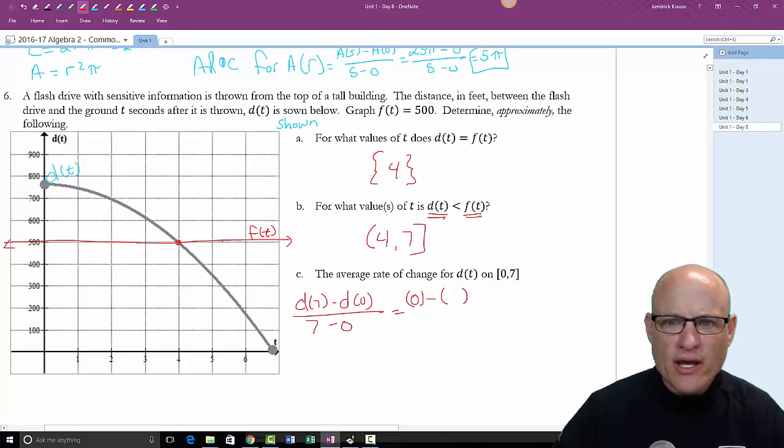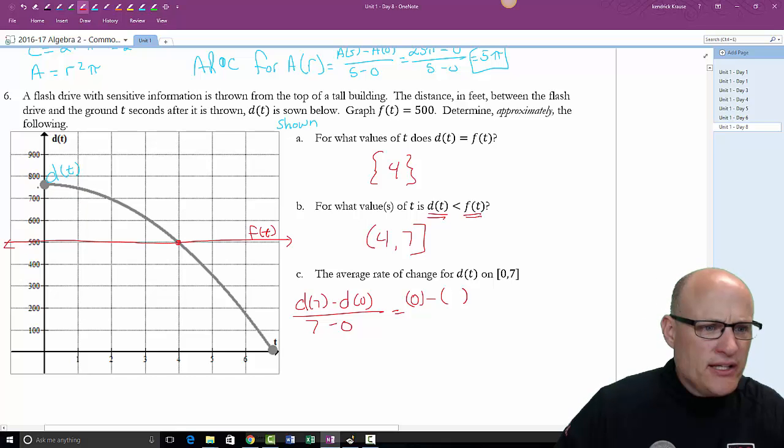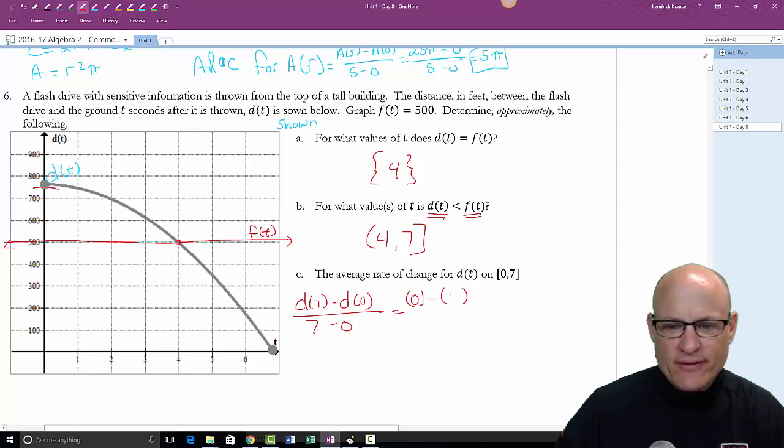Maybe it's a little bit more than that. Let's go 770 for fun. You could make up a small number. You'll see why I picked 770 in a minute. And then 7 minus 0 is 7. So this gives me negative 770 over 7, which is negative 110.